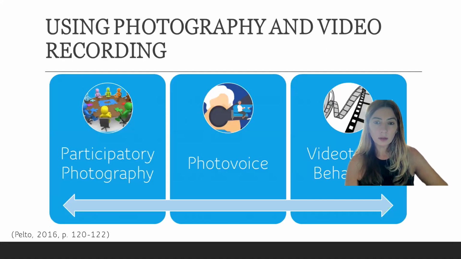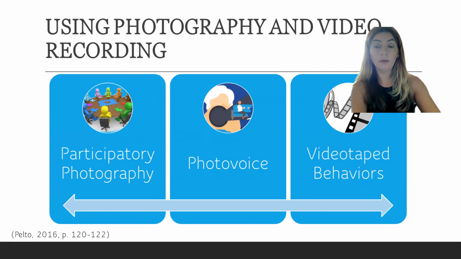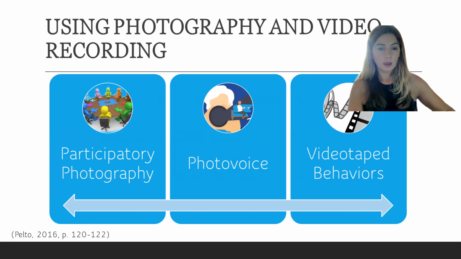Now, in terms of using photography and video recording, three possible tools here are participatory photography, photo voice, and videotaping behaviors. Participatory photography is a tool to engage community members in making the change to improve their environments.